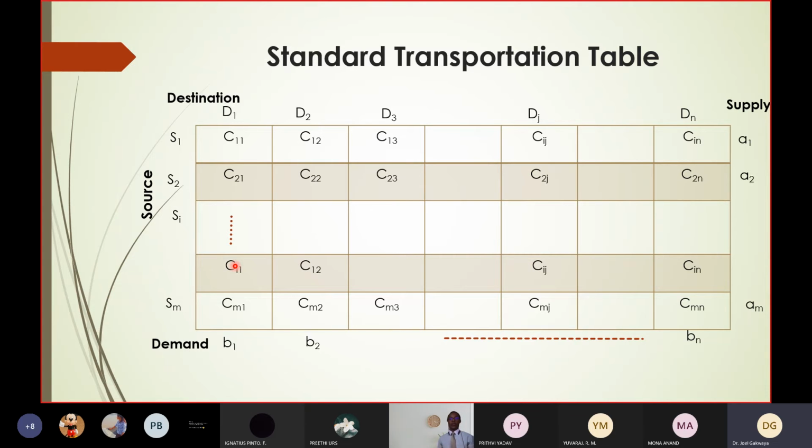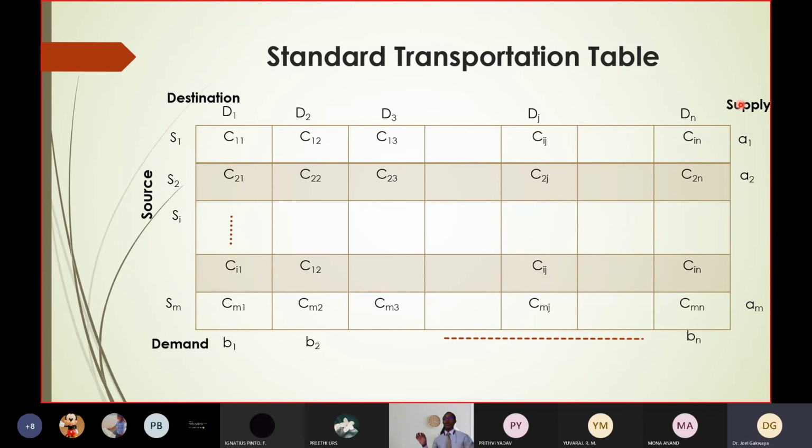What would you do? You have to reduce and then send according to the destination and the source value. So the column-wise stands for the destination, and every destination needs a demand. Every source needs a supply. Clear? That's why we have demand and supply.